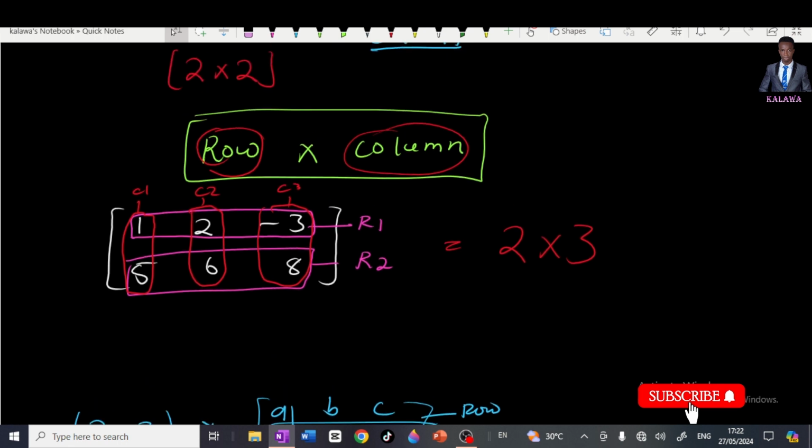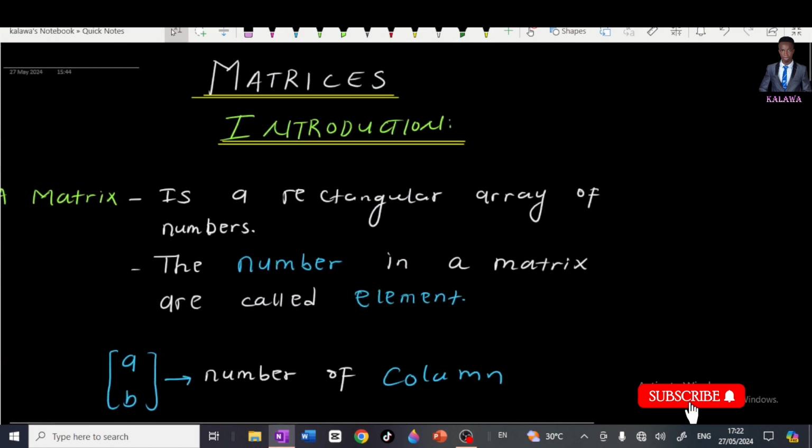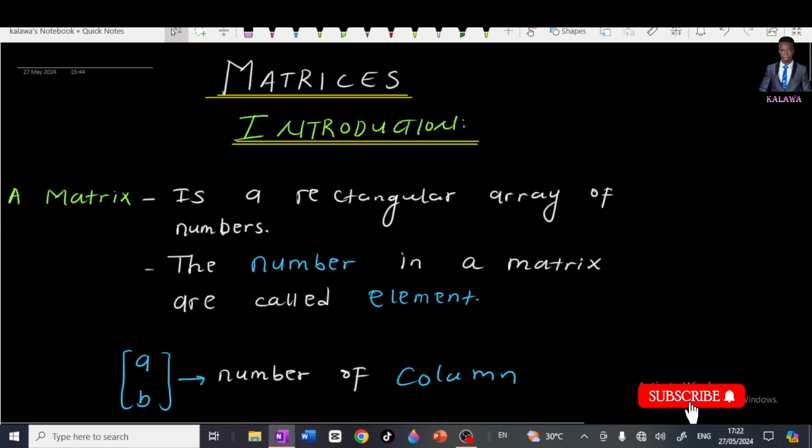So now let's understand some written aspects. A matrix is a rectangular array of numbers. The numbers in a matrix are called elements. Of course, the element, that's what we deal with.